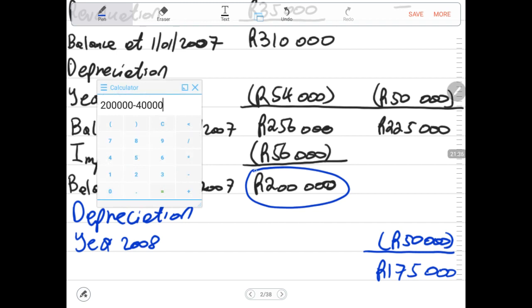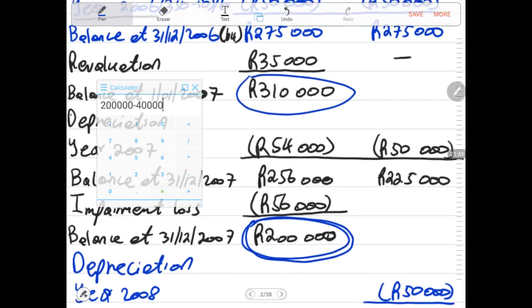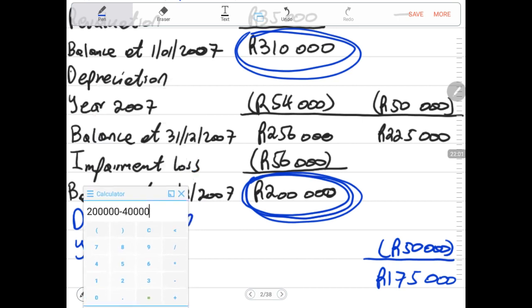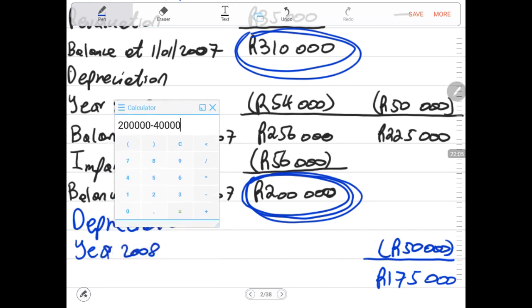So in other words, we take our recoverable amount to be our cost price. Previously we took 310,000, the value of the asset after there was a test of the impairment, minus 40,000, divided by the useful life of the remaining years, which was 5 years, if I still remember very well.